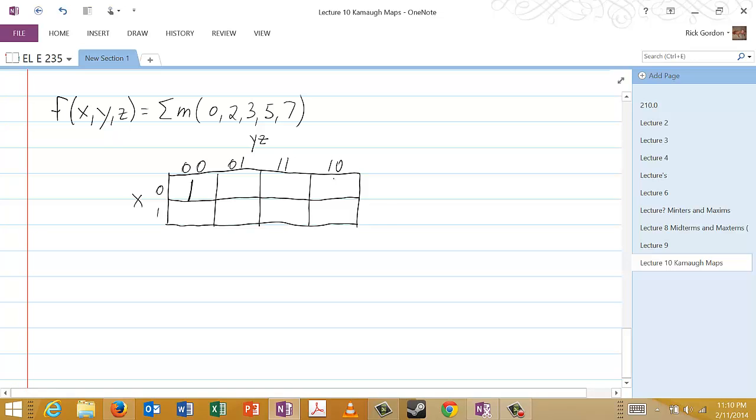And therefore, we get a 1 there. 3 is 0 1 1. So we have a 1 here. What about 5? That's 1 0 1, which gives us a 1 here. And 7 is 1 1 1, which gives us a 1 here. And it's just that simple.